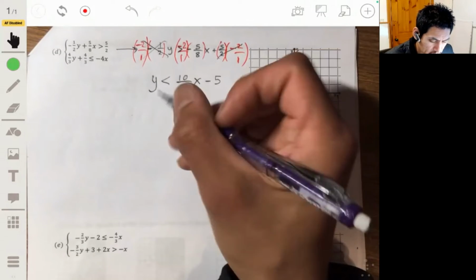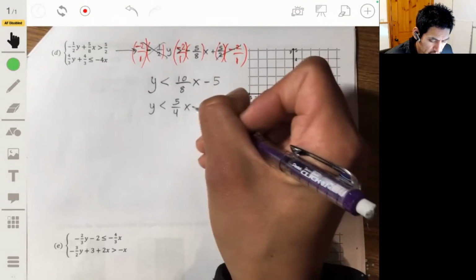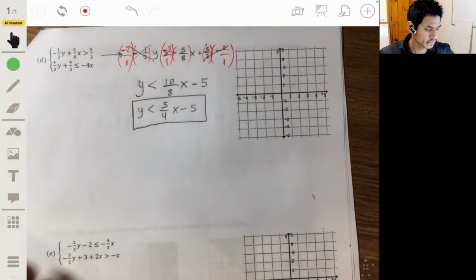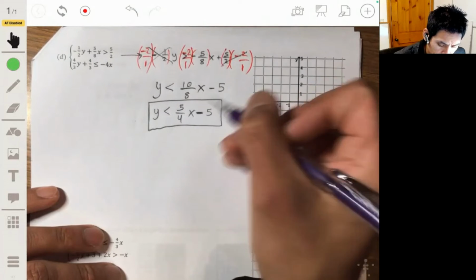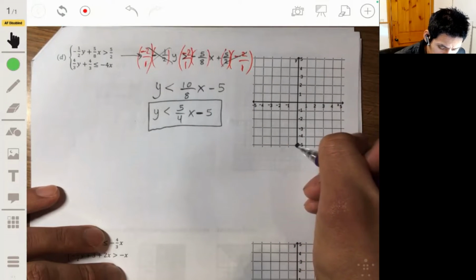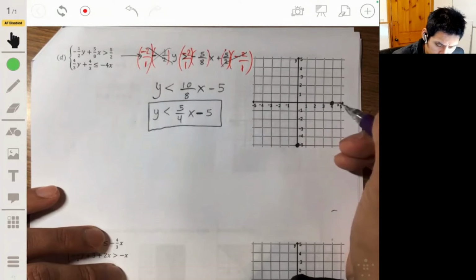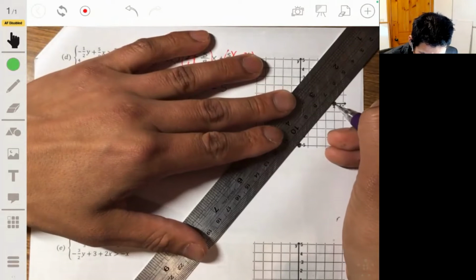And 10 and 8, you can divide them each by 2, so you get 5/4 x minus 5. Okay, so I start off with this line, go to -5 on the y-axis, up 5, to the right 4. And we're going to have a dashed line.